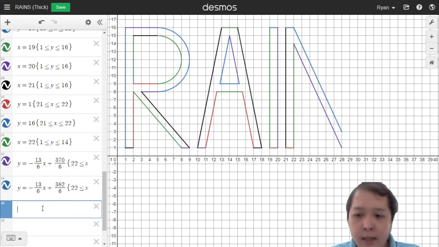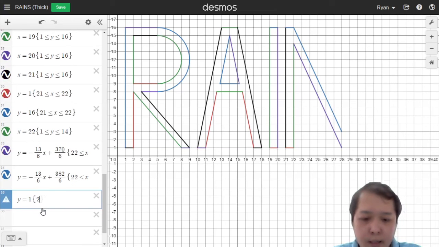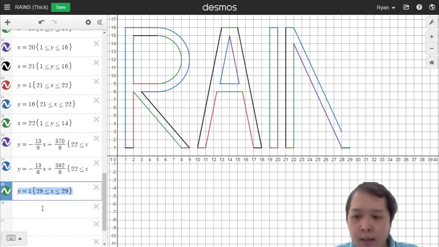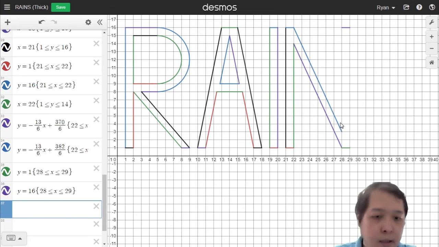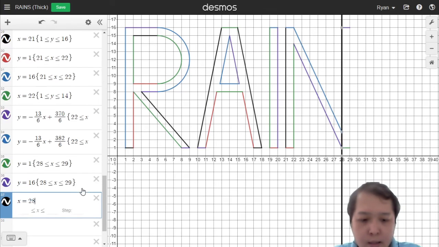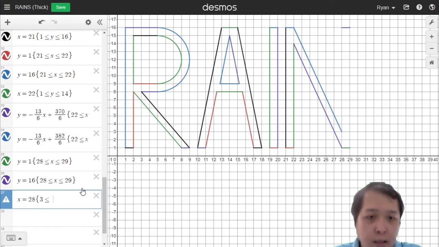Now this one, straight lines. Okay, that's easy. 28 until 29. Yeah. Top part 16. Okay, and then the vertical lines 28. 3 until 16.